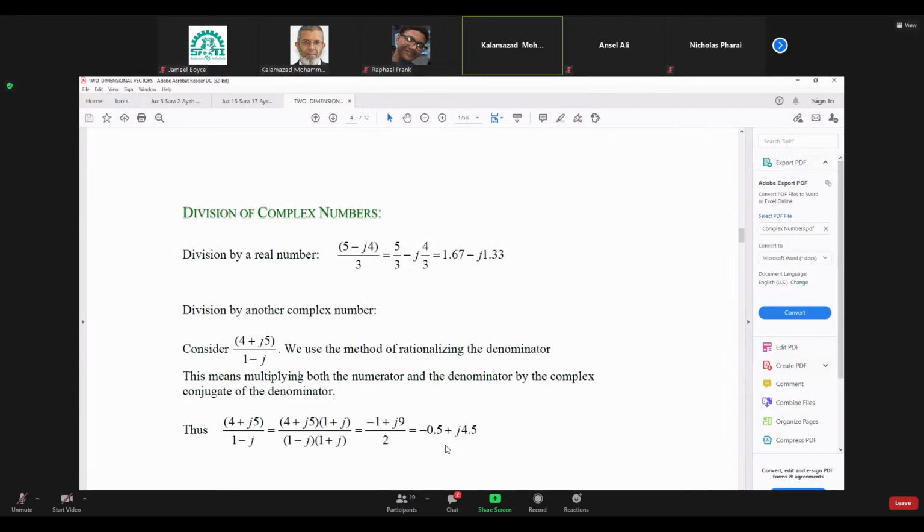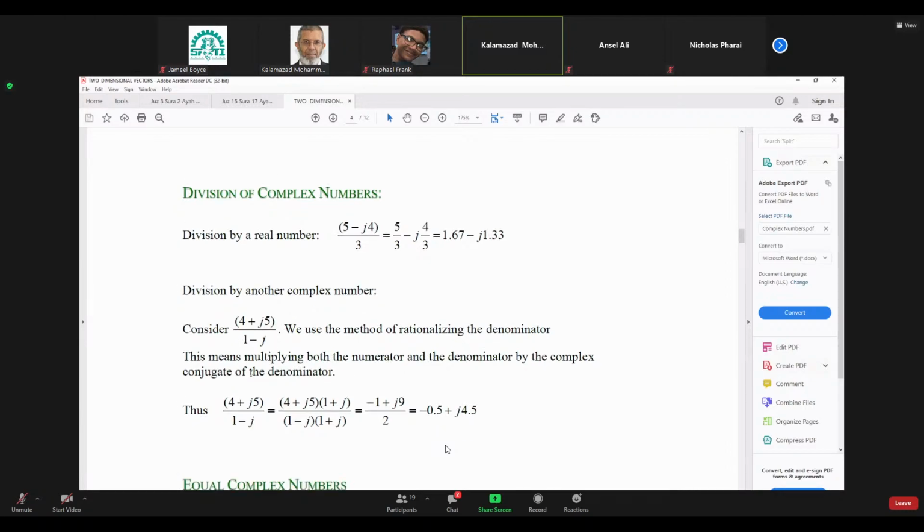What we do is we rationalize, meaning we multiply the numerator and the denominator by the conjugate of the denominator. All right, so in the example, we have 4 plus j5 over 1 minus j. We want to do that division. What we do is we multiply the top and the bottom by the conjugate of the denominator.